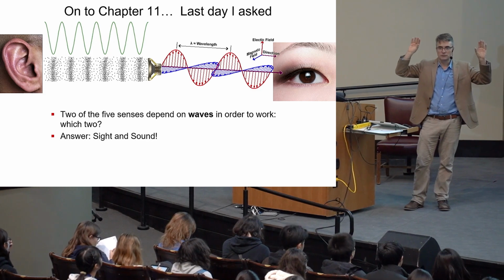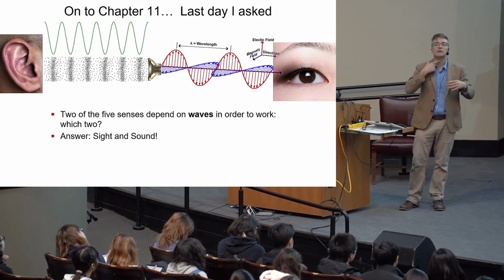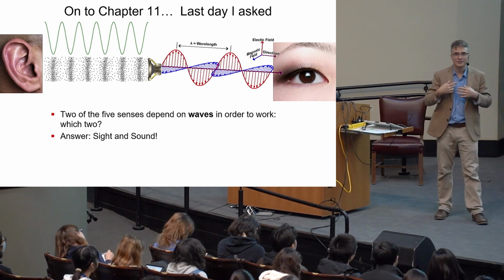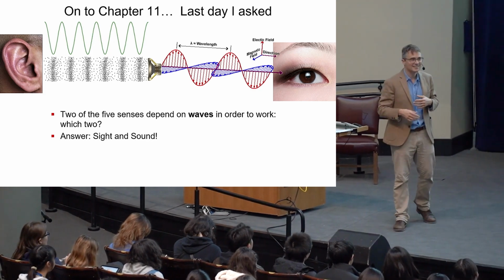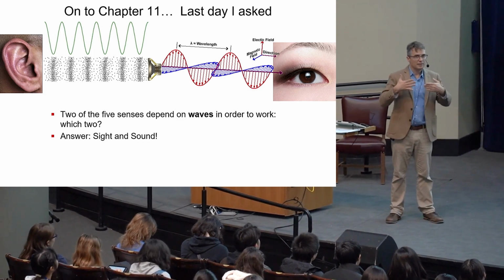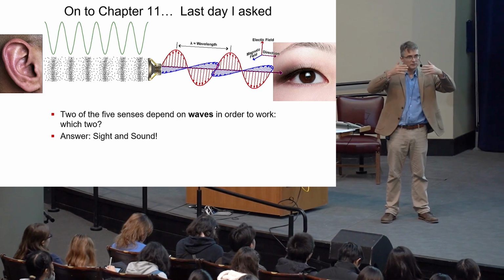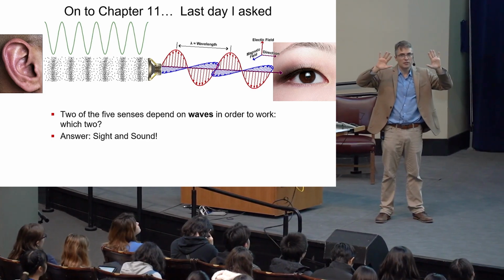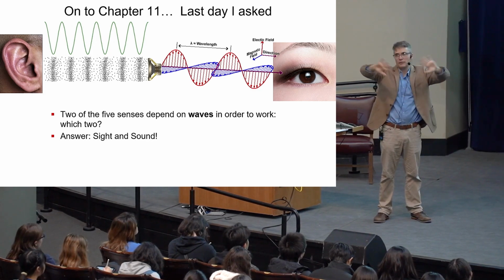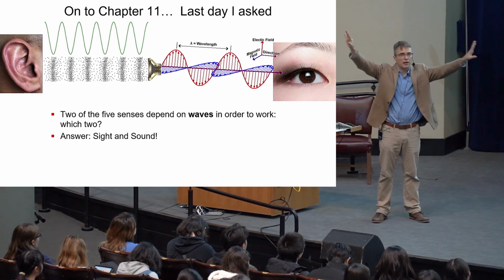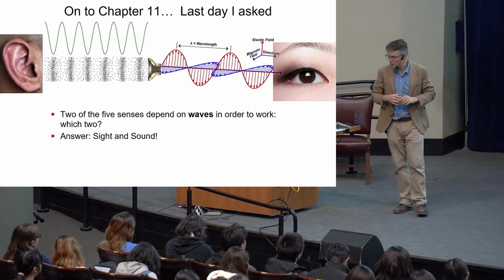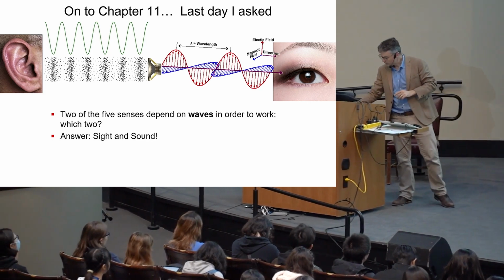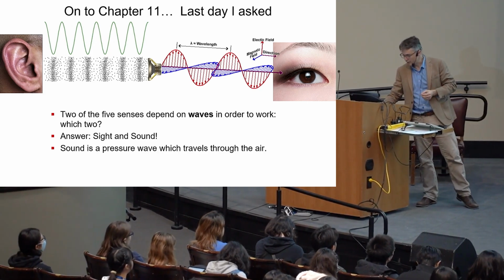If the pressure changes because something moves, or my vocal cords or some speaker oscillates, then the particles will collide into each other and spread that pressure wave out, and it'll travel at 340 meters per second out into the air. Sound is a pressure wave which travels through the air.